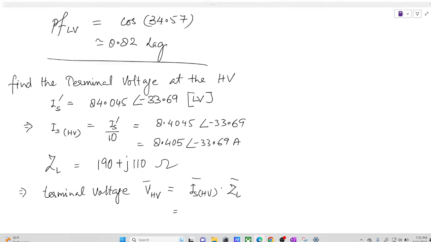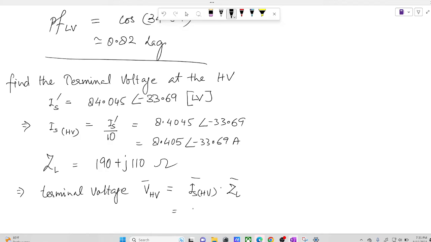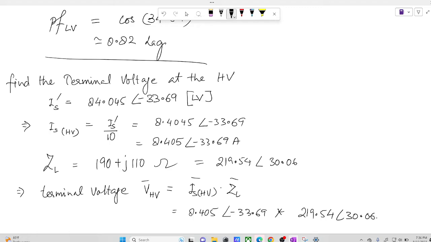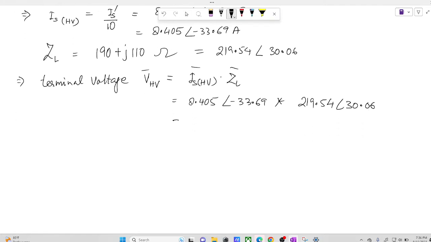So multiply 8.405 angle minus 33.69 with 190 plus j110, that is 219.54 angle 30.06. So multiply this and tell me what is the answer.